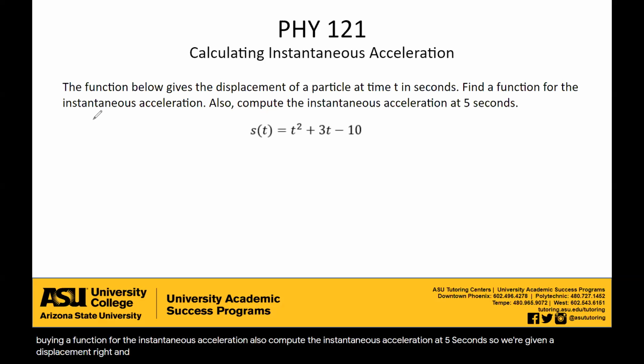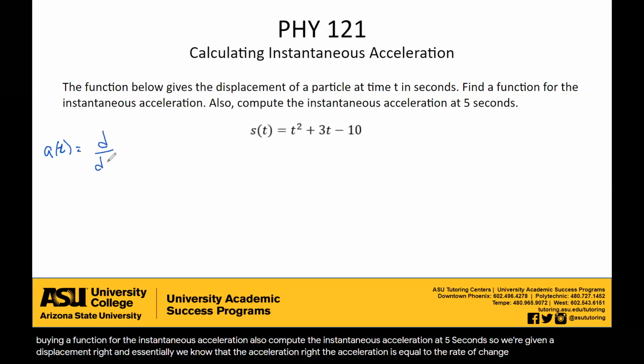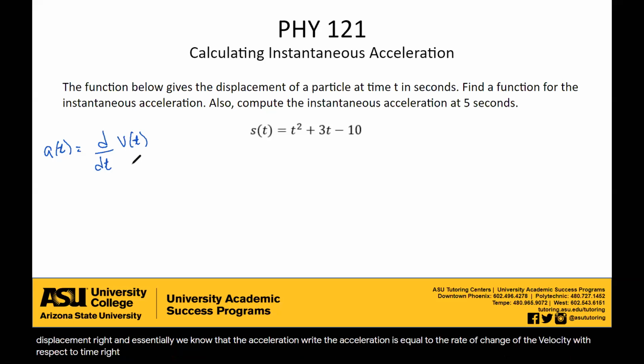And essentially we know that the acceleration is equal to the rate of change of the velocity with respect to time, right? So it's the derivative of the velocity equation. But we're not given the velocity equation, right? We're given the displacement function, right?